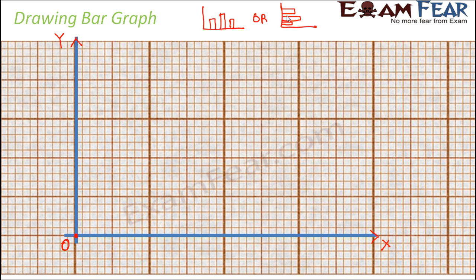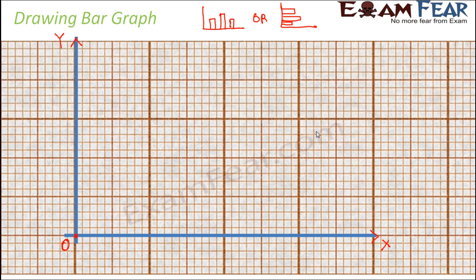If you choose horizontal bars, then the marks need to be along the x-axis and the names of the students along the y-axis. So you will have to interchange the two axes to draw horizontal bars. But you are free to draw either horizontally or vertically. That is up to you.